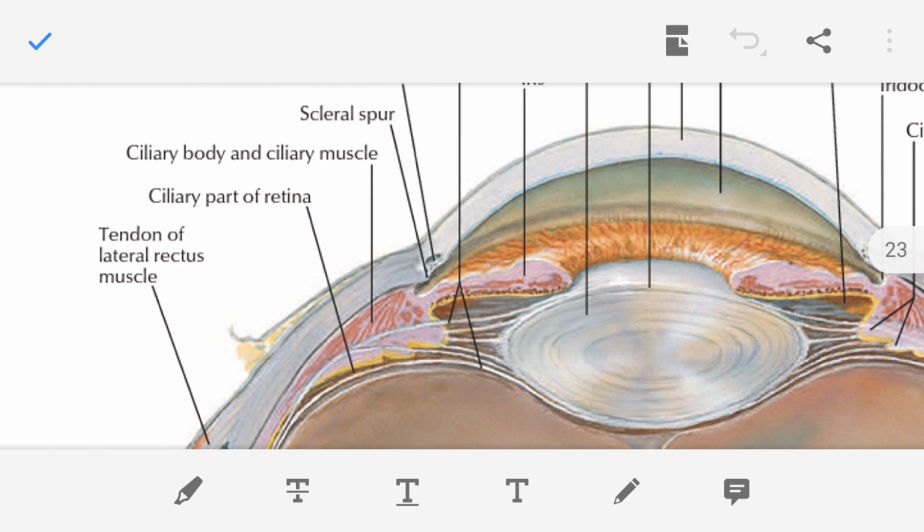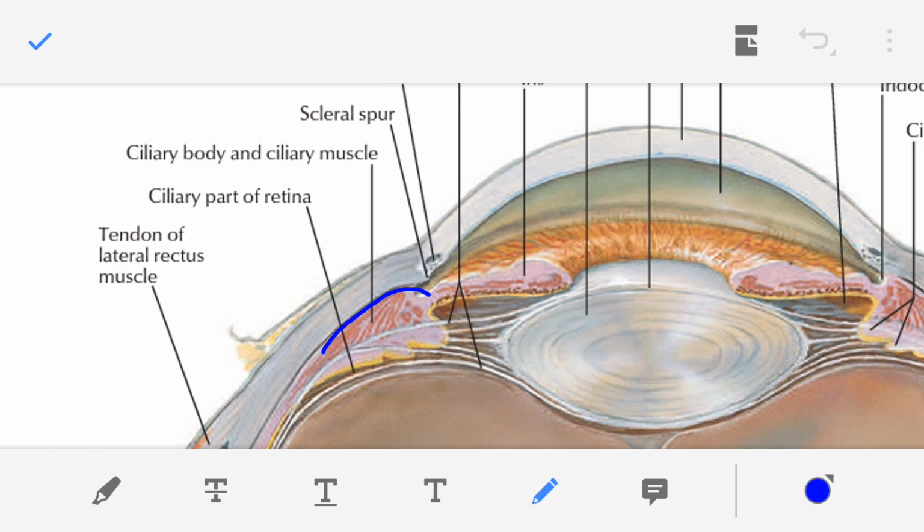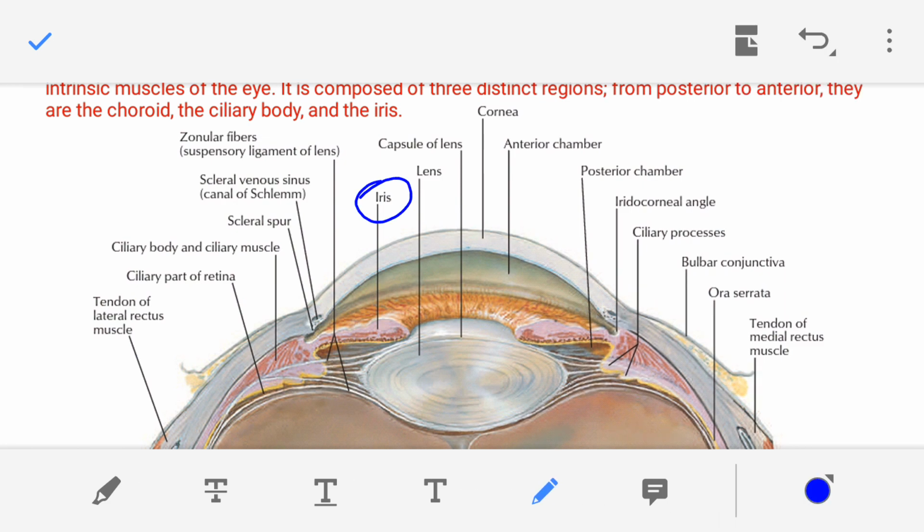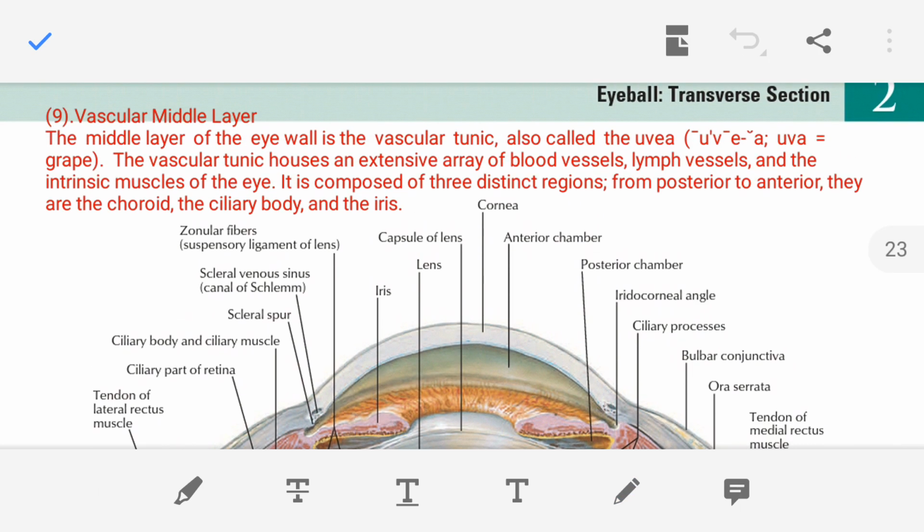Then this portion is the ciliary body, and third, this portion is the iris. So the vascular tunic has three distinct regions: choroid, ciliary body, and the iris.